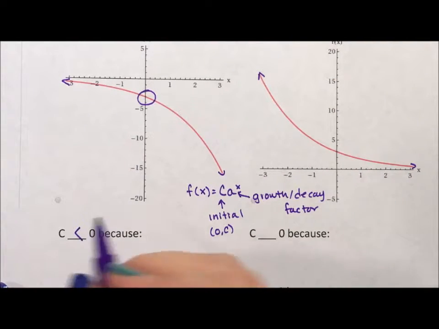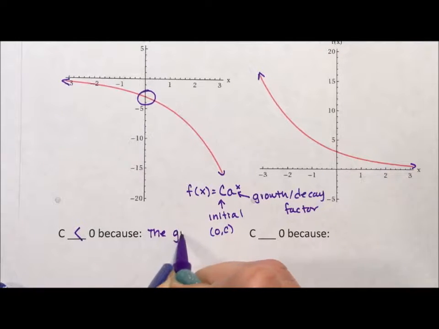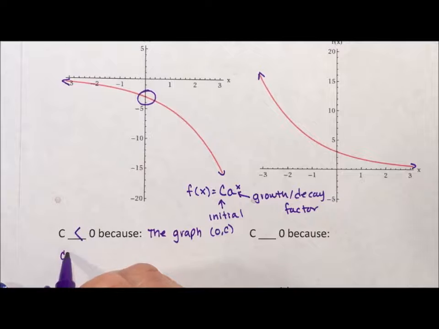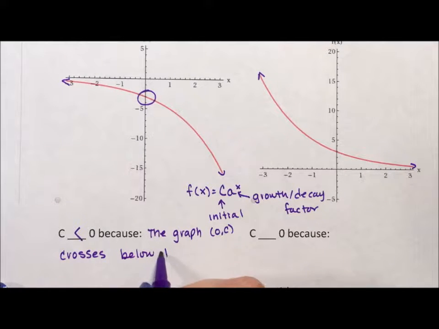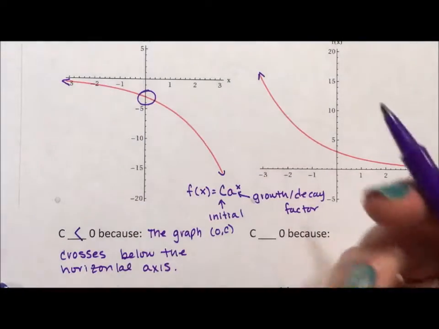It's less than 0. Why? Because the graph crosses below the horizontal axis. It crosses below the x-axis.